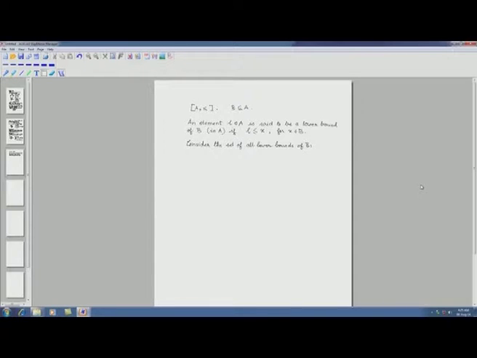Now, how do we name this set? Let us call this set L subscript B, which is of course a subset of A. Now, we will consider the case when L sub B has a greatest element.